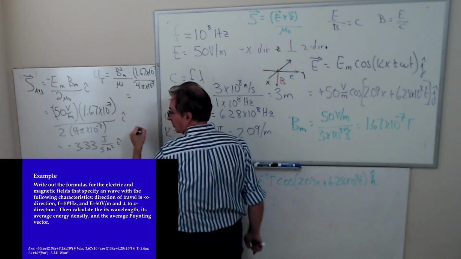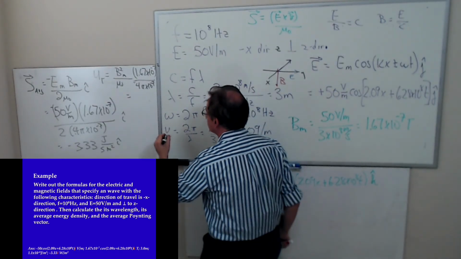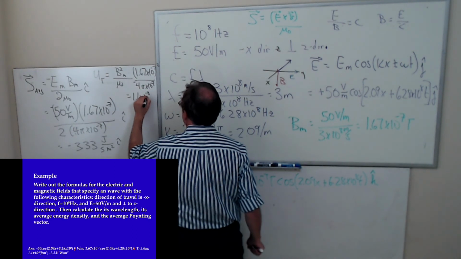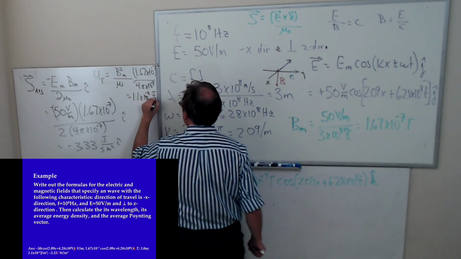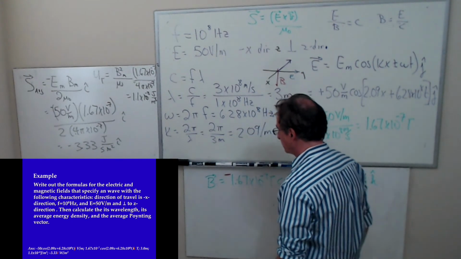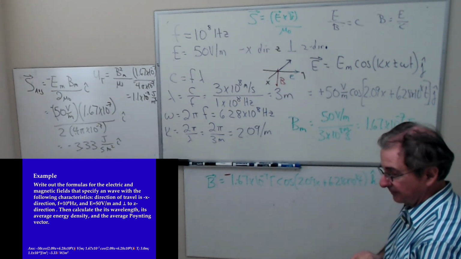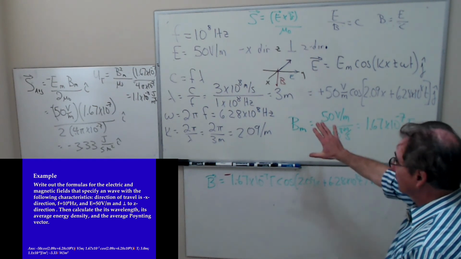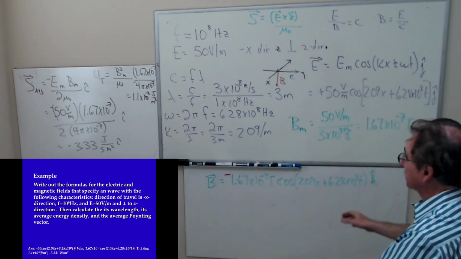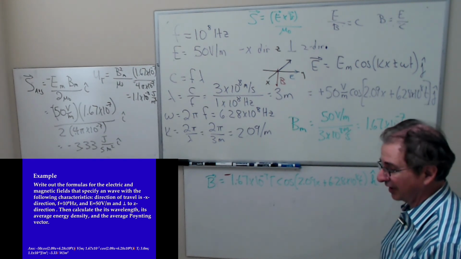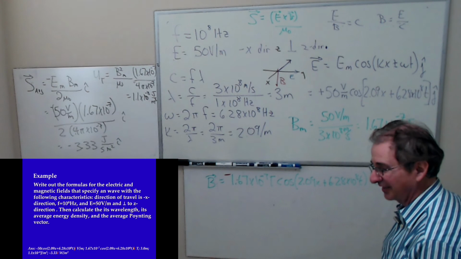And that'll give me 1.1 times 10 to the minus 8 joules per meter cubed. So this has all the information about the electromagnetic wave. Now the only thing I don't have is the energy of the photon, but we're not talking about photons here yet.